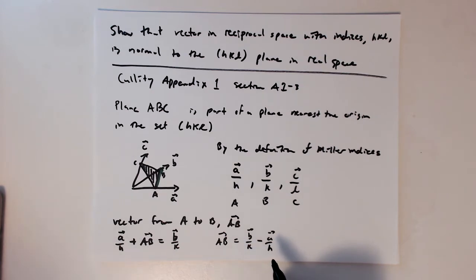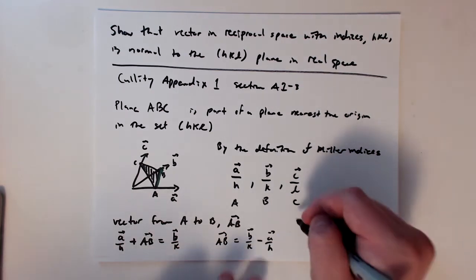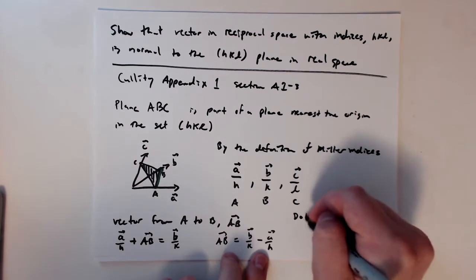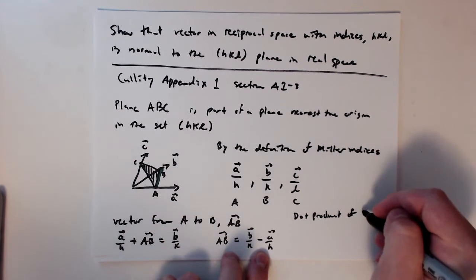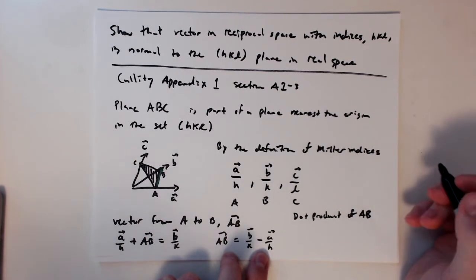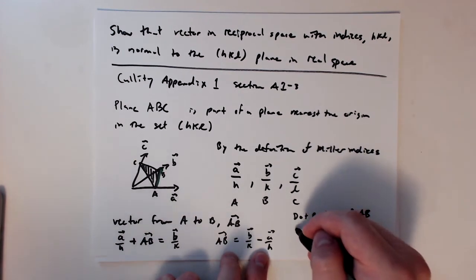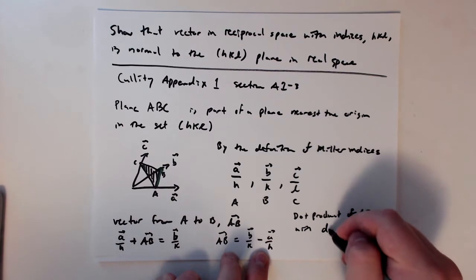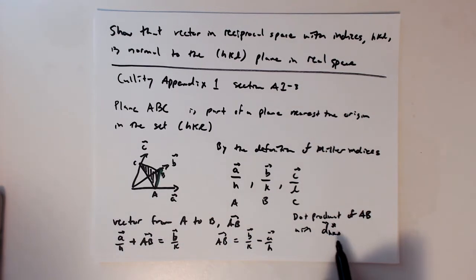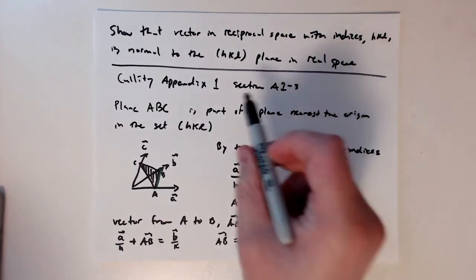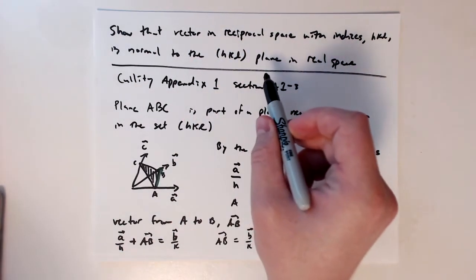So now we're going to look at the dot product of AB with that d*HKL vector. In this case, the d*HKL vector, if our proof is correct, should be normal to the plane HKL.